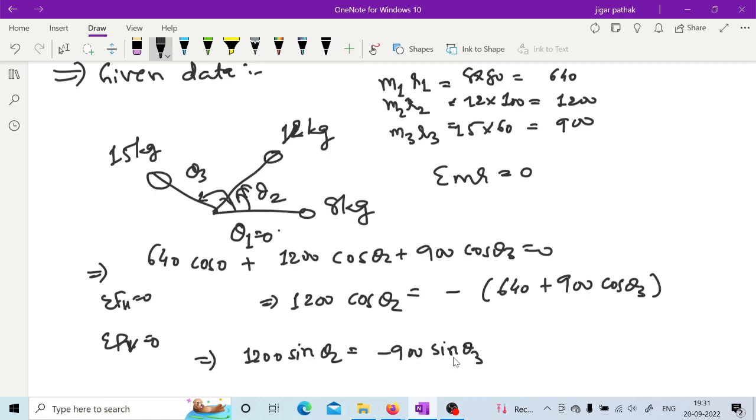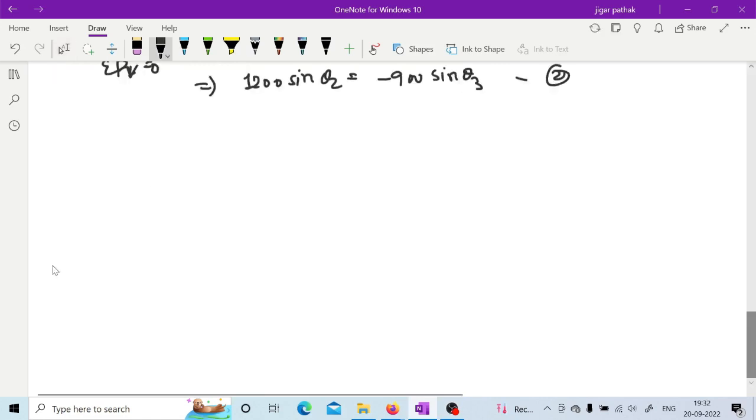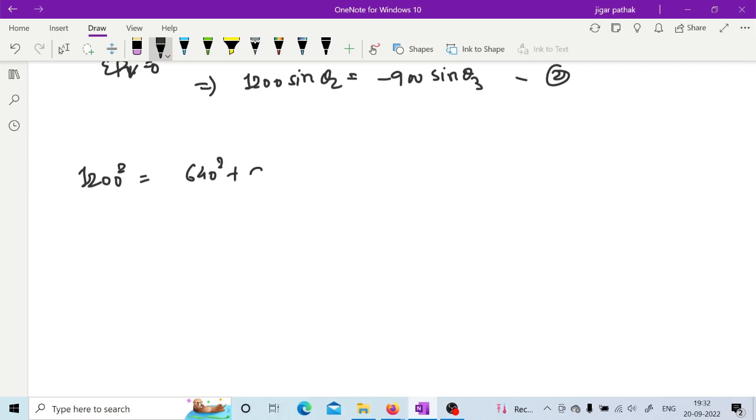So once you get this, what you can do is square and add the two equations we have got here. This is equation 1, this is equation 2. If you square and add both equations, you are going to get 1200 square is equal to 640 square plus 900 square cos square theta 3 plus 2 into 640 into 900 cos theta 3 plus 900 sin square theta 3.